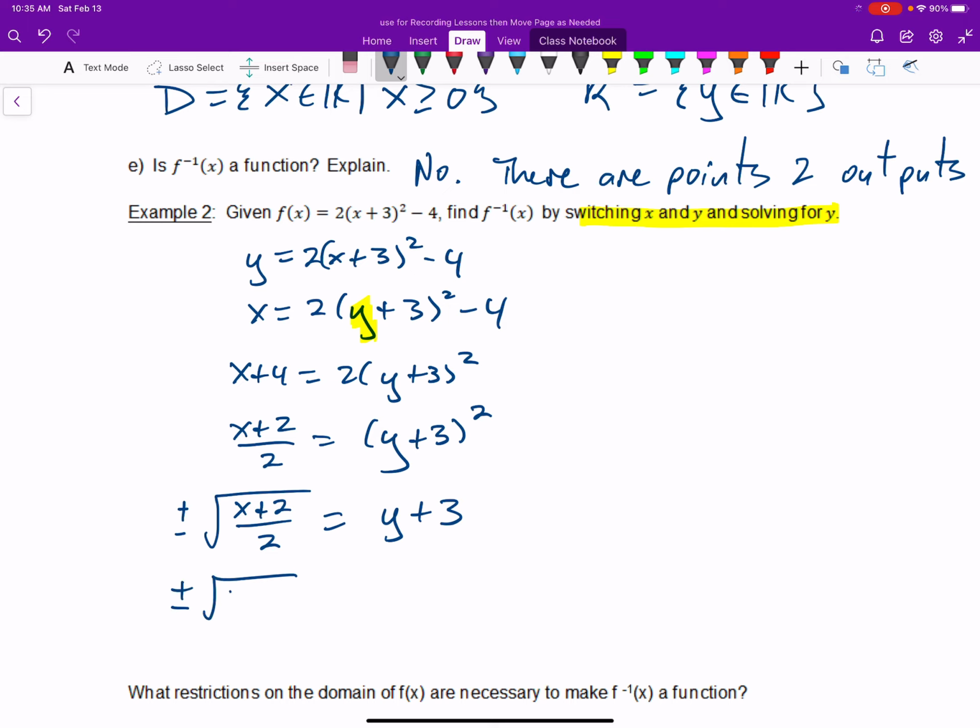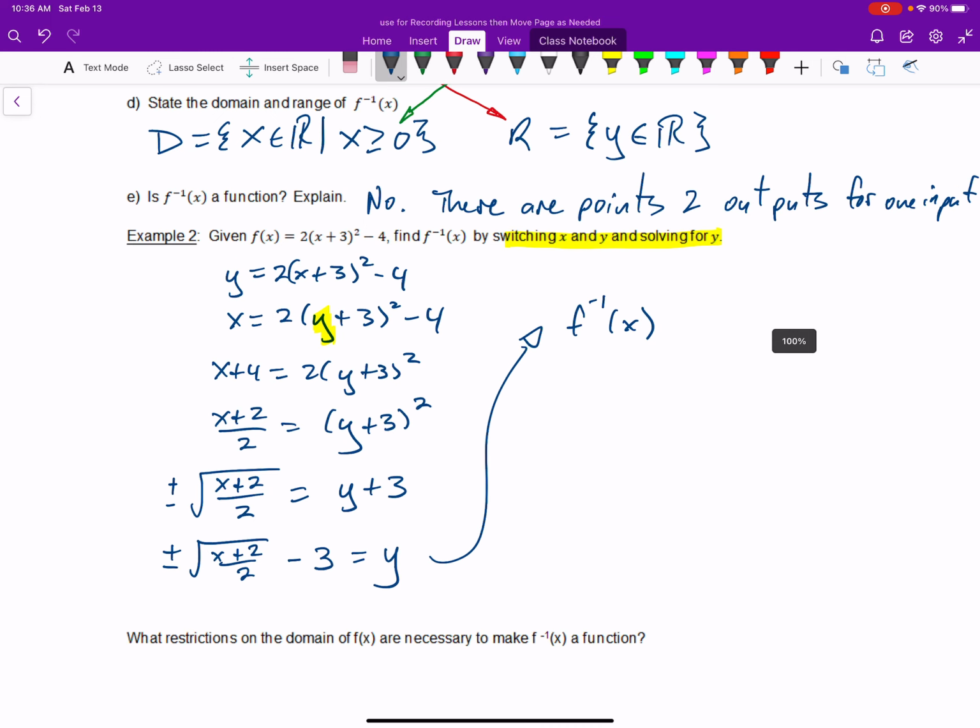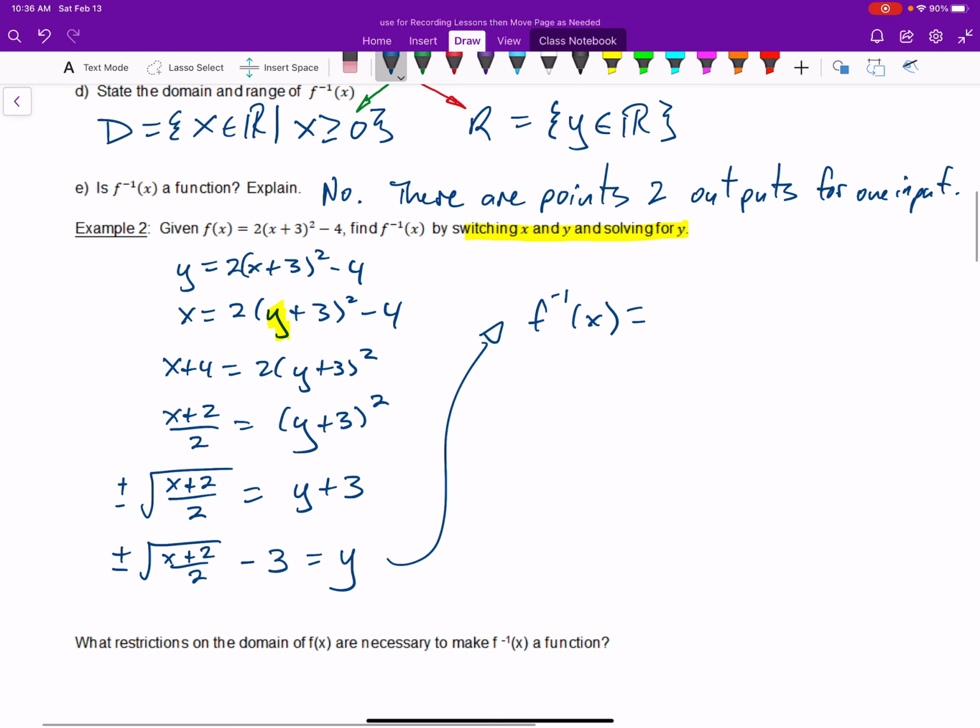It doesn't really matter which order I write it in, but what is important is that the 3, since it's happening after I've done the square rooting, should not and absolutely cannot be written underneath the square root sign. It needs to be outside of that square root because it's happening after we take the square root. Then I can rewrite it in function notation: inverse function of x is, I could write it like I have there.